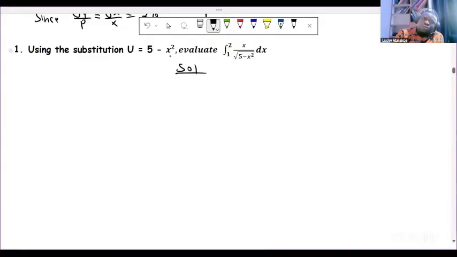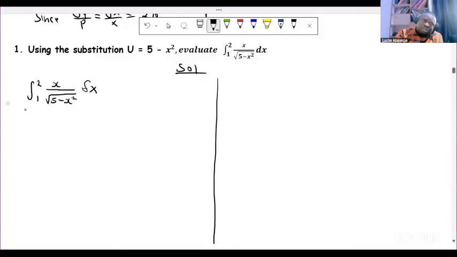Now, we were asked to use u substitution to evaluate this. So this is the integral from 1 to 2 of x over the square root of 5 minus x squared, then dx. Now, we were told to say our u is 5 minus x squared. So I want to differentiate u with respect to x.